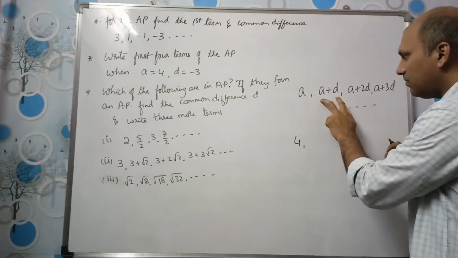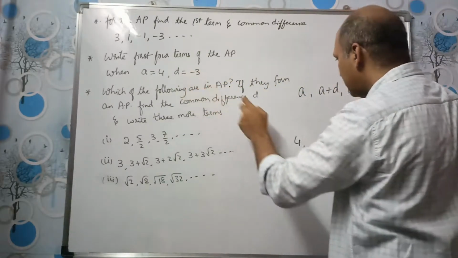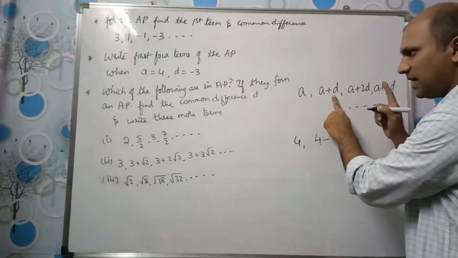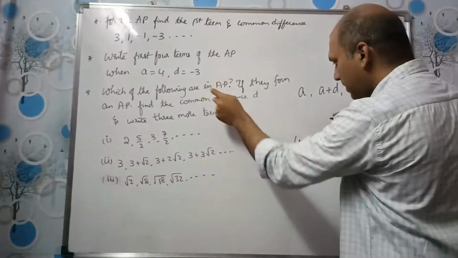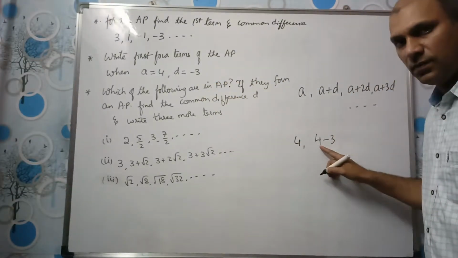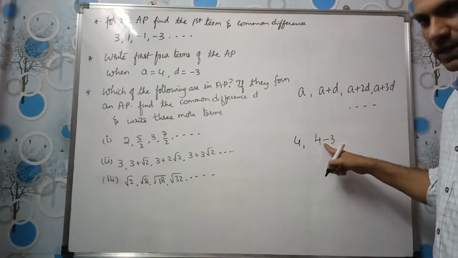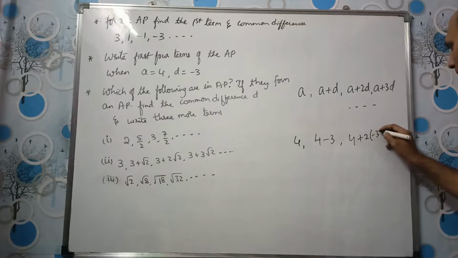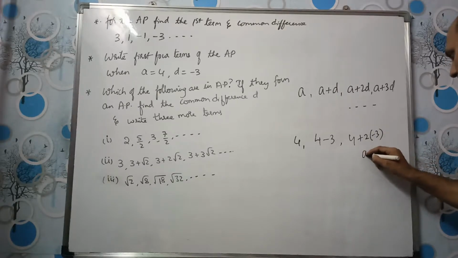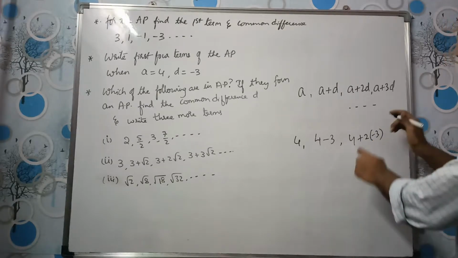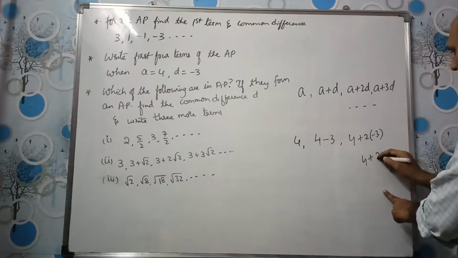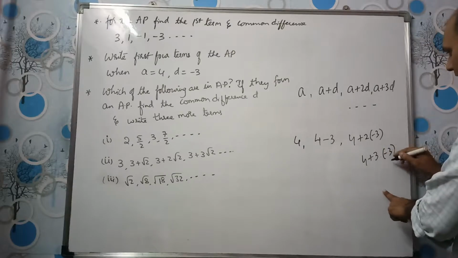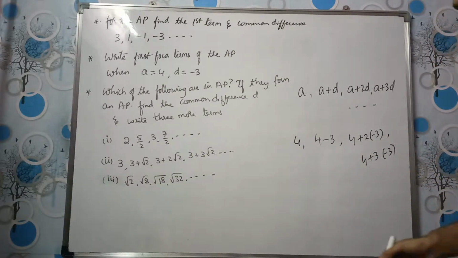Second term is A plus D. D is -3, given. So this is 4 plus D, right? But D is -3, so 4 plus of minus will be minus, so 4 minus 3. The next one is 4 plus 2 into -3, third term, and fourth term is 4 plus 3 into -3.